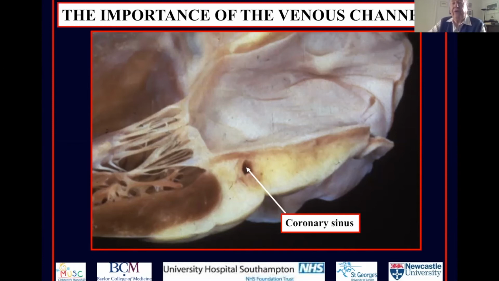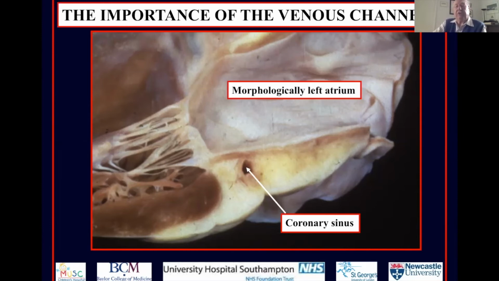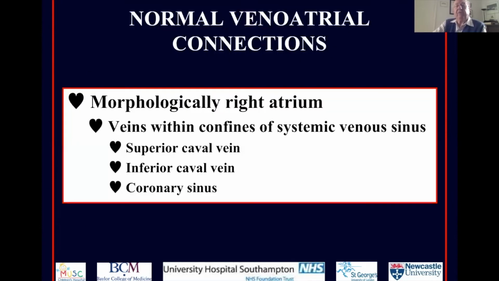So now I firmly believe that with the techniques you have at your fingertips, it should always be possible for you to establish the specific atrial arrangement to distinguish the morphologically right from the morphologically left atrium.